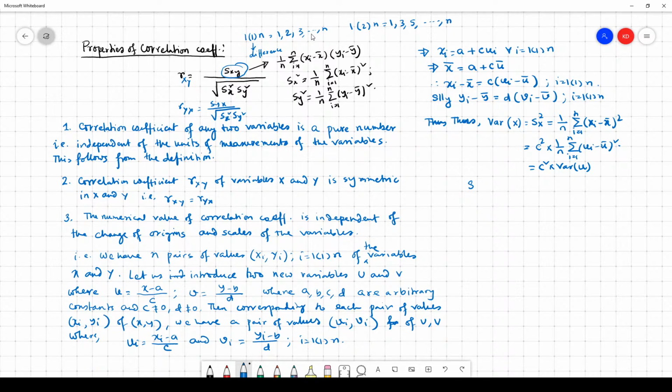So this represents the common difference, 1 is the starting value, n is the ending value. If 2 is the starting value and common difference is 1, then this means 2, 3 up to n. So this is the way we can represent 1, 2, up to n, or 1, 3, any numbers which are in arithmetic progression.